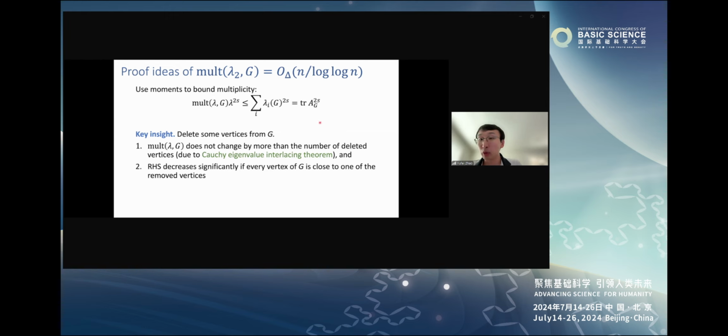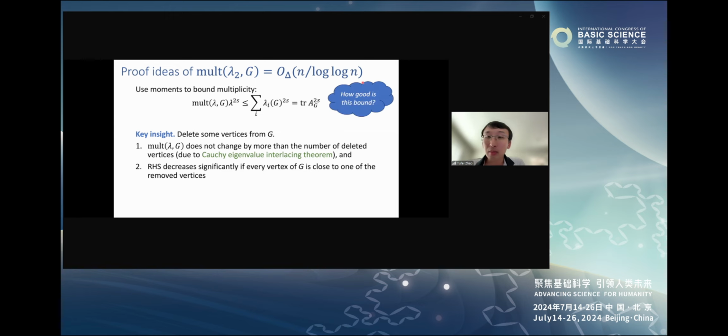Okay, so this can be proved using a fairly short combinatorial closed walk argument, but it turns out to be extremely useful. If the right-hand side drops significantly and the left-hand side, the multiplicity, doesn't get changed too much, then that turns out to be enough to do what we want. And by optimizing all the parameters, the bound that we were able to get is n over log n.